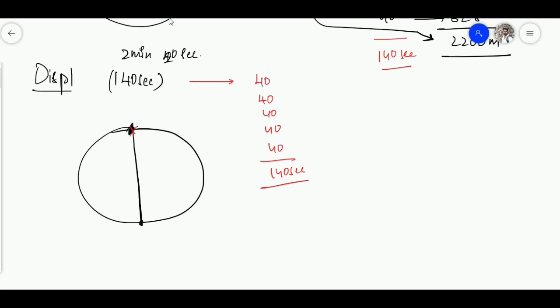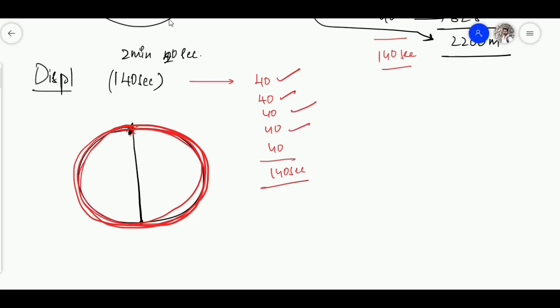So let's say he started here and he made one round and ended up here for the first 40 seconds. And another 40 seconds he made one more round, third round, next 40 seconds, fourth round. Sorry, the next is 20 seconds. So for the next 20 seconds he made a half round.